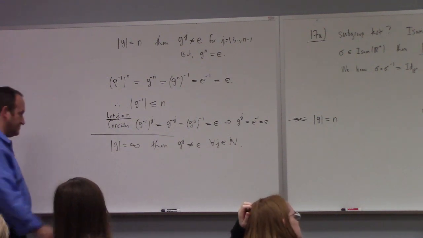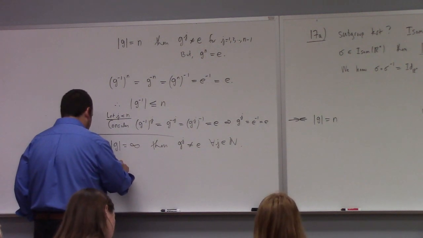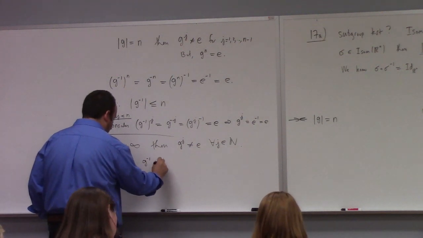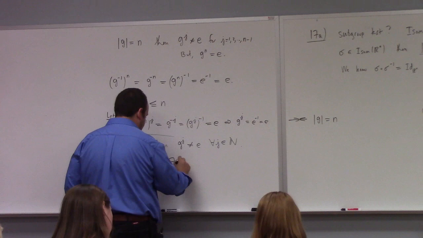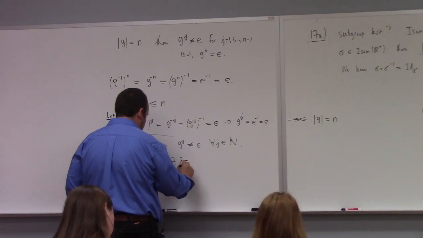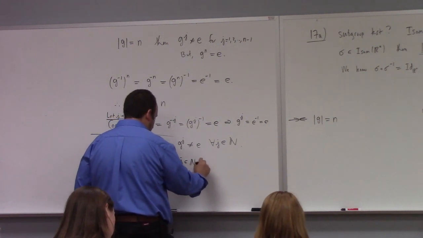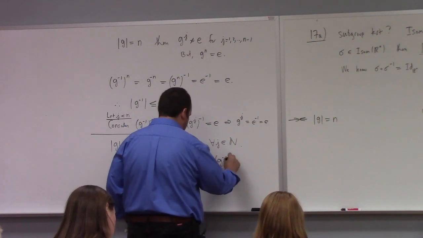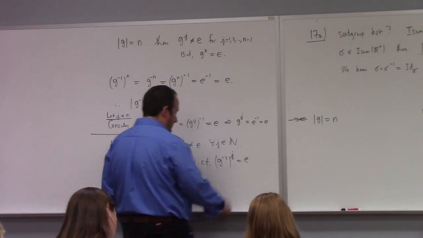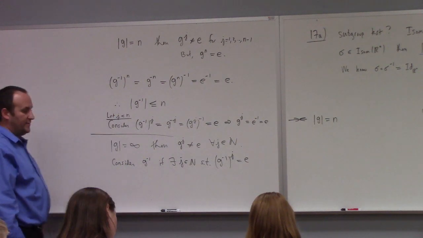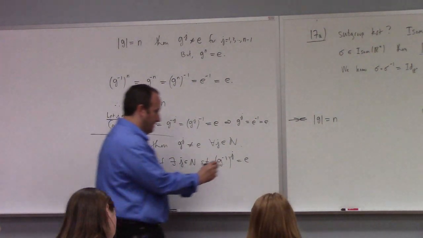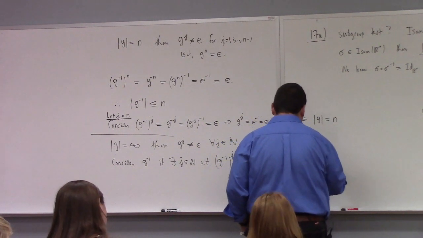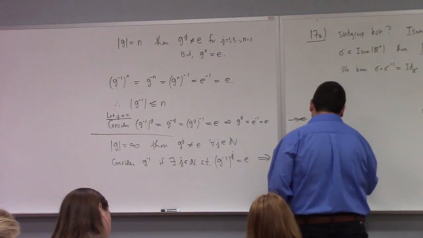Consider the inverse. g inverse. If there exists j in the natural numbers such that g inverse to the j equals the identity, then that implies that g to the minus j is equal to the identity.